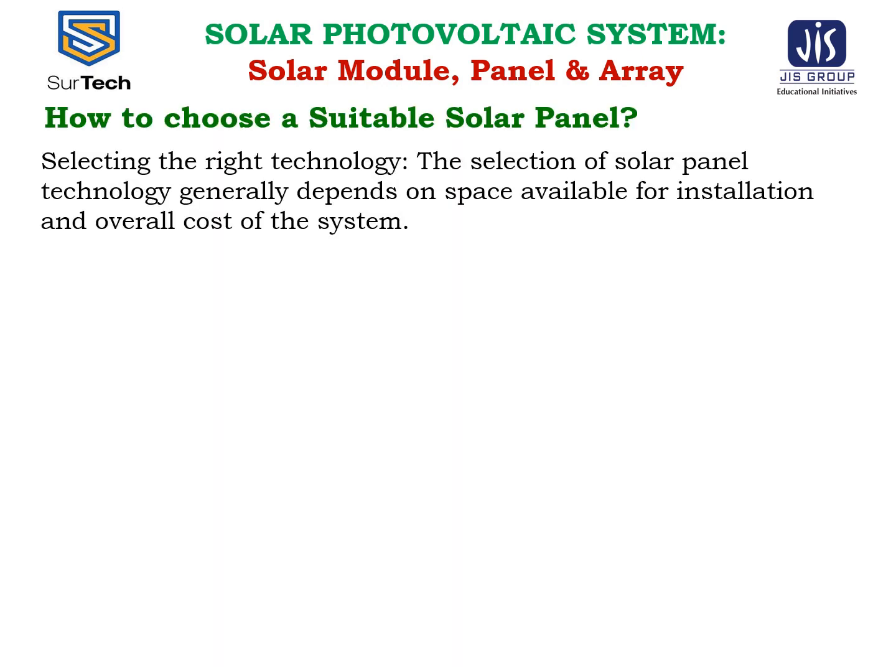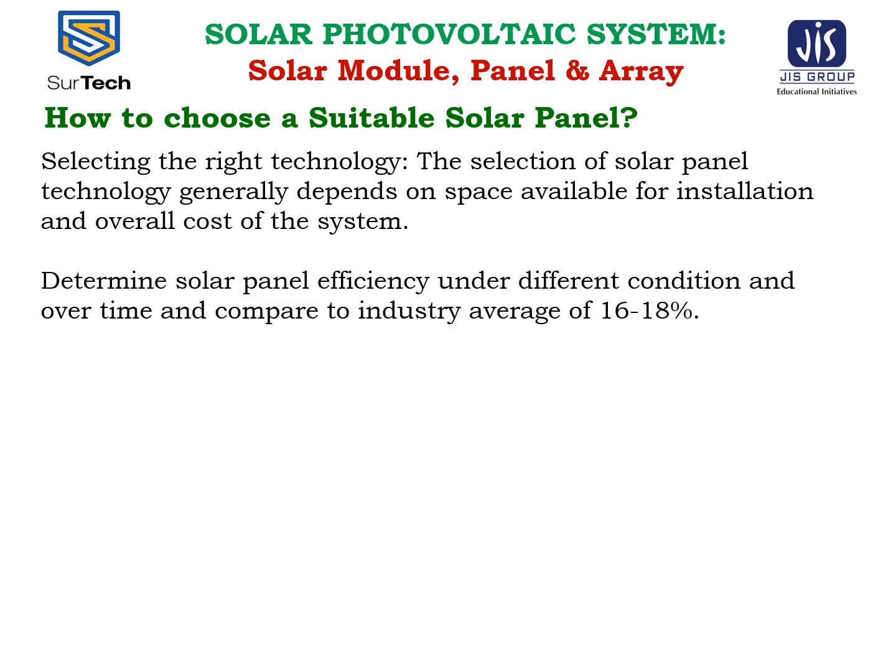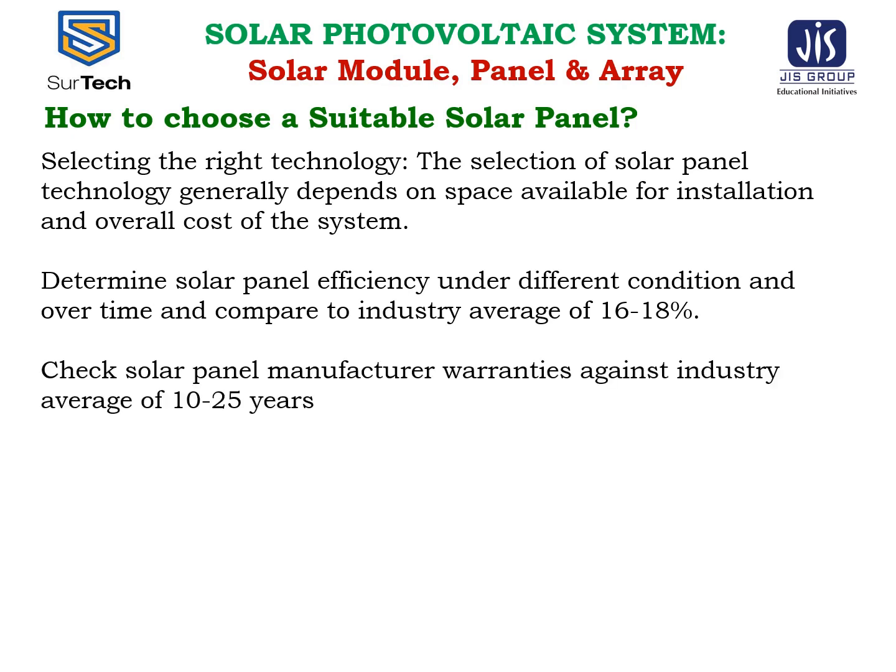Now selecting the right technology: how to choose a suitable solar panel. This is the first, select the right technology. The selection of solar panel technology generally depends on space available for installation and overall cost of the system. Determine the solar panel efficiency under different conditions and over time, compared to the industry average of 16 to 18%.